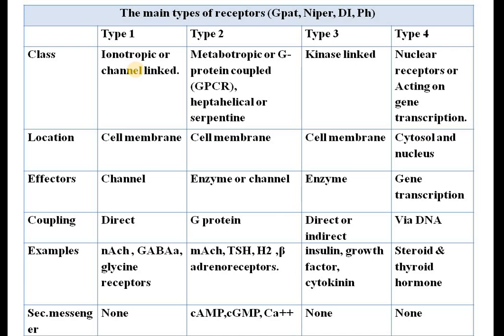So that is nothing but known as a depolarization. So whenever there is a depolarization, there will be generation of action potential. There will be a positive action. Whenever there is a hyperpolarization, there will be a negative action. So diazepam will act as a depressant because it will increase the chloride ion channel, and there will be hyperpolarization of the cell. So these types of receptors are known as ionotropic or channel linked.